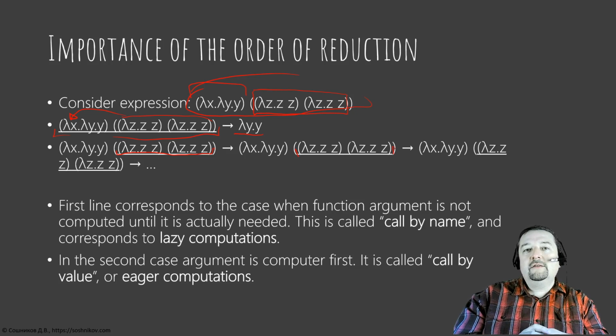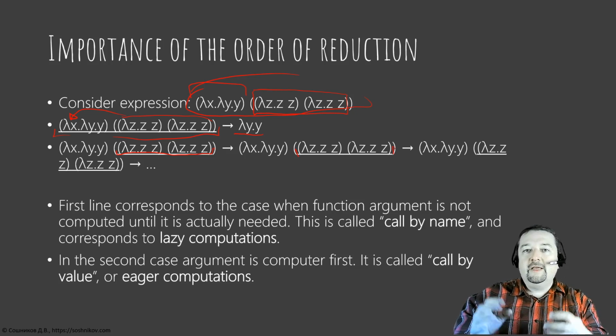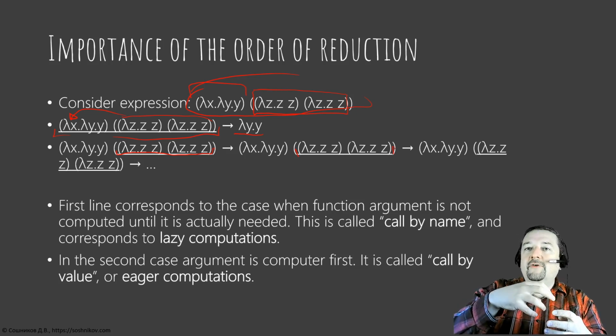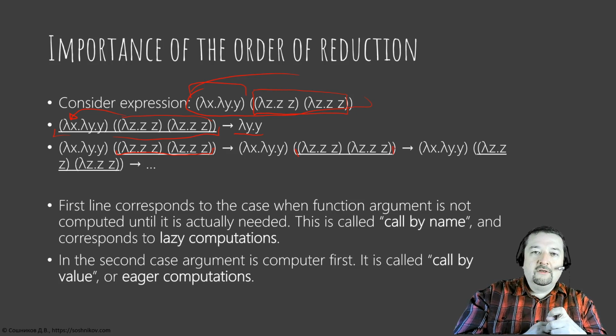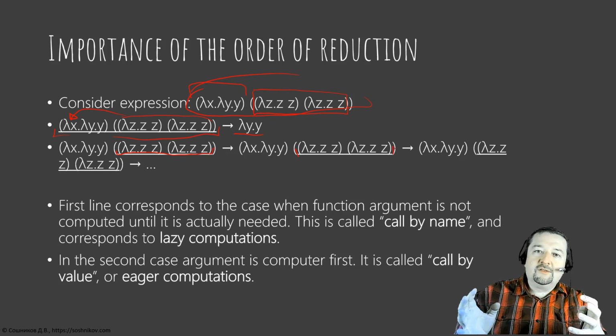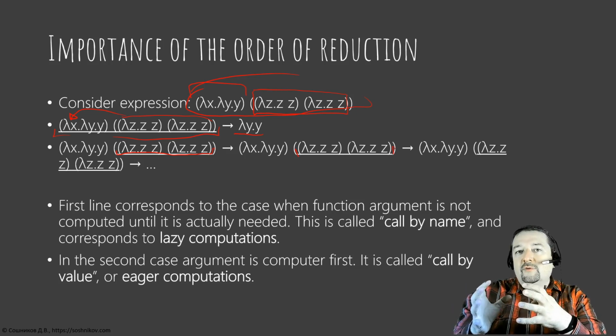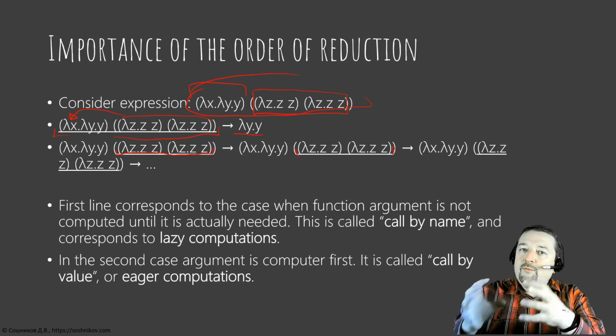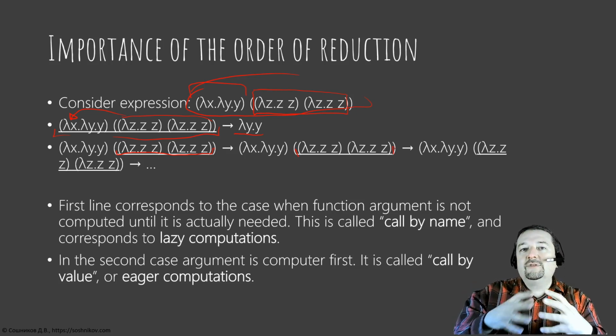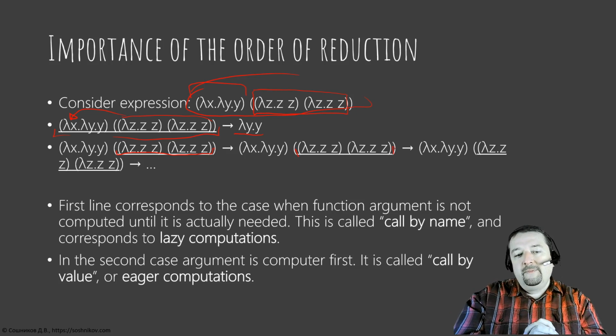You can imagine that reduction corresponds to a function call, because we take the parameter and put it instead of the variable in the lambda expression. So if we reduce the outermost expression, it means we do not reduce the arguments. We take the arguments and put them inside the function, and we reduce them only later, if at all. So this is lazy computation.